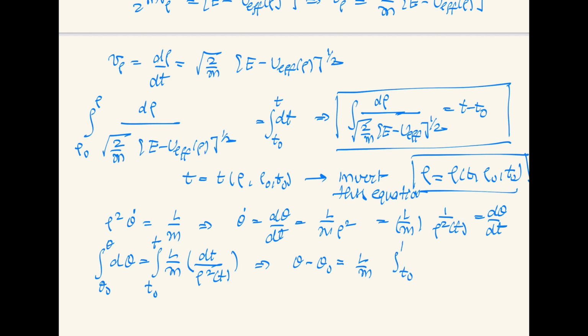The integral from t0 to t of dt divided by rho squared of t. Okay, so again, what does this equation do? This equation tells us what we really want to know, that is theta as a function of t comma theta 0. That's what we really want.